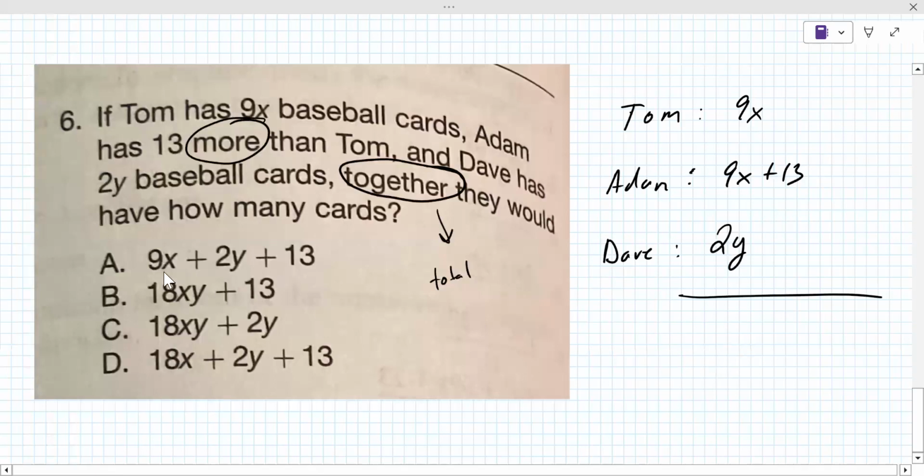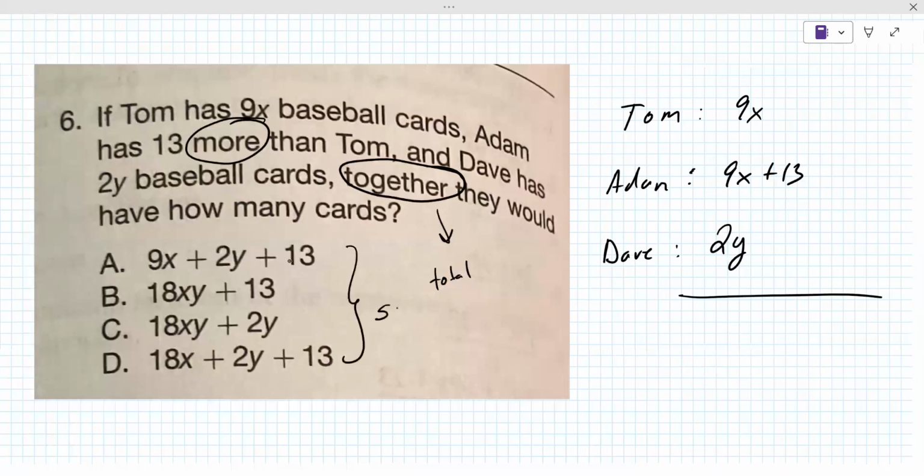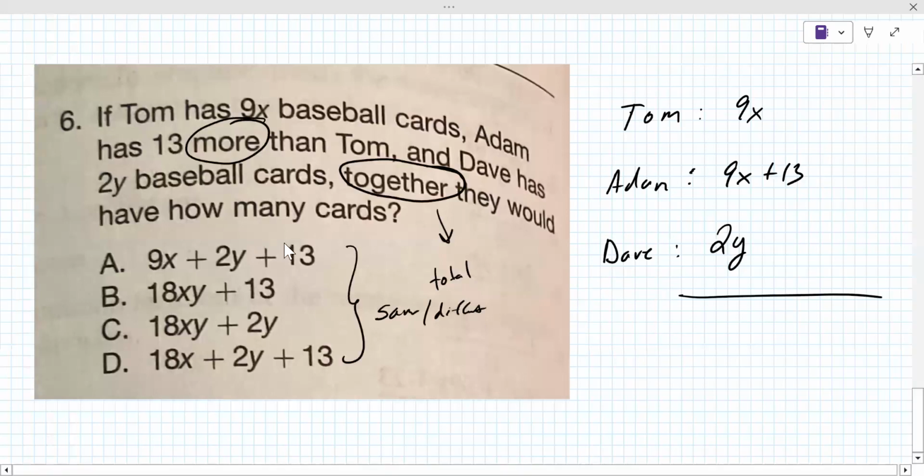Now, one of the things you might notice when you look at the answers, this is a great question for what is the same and what is different. Like, 3 of them have 2y in it, and 3 of them have 13 in it. So you might be able to eliminate some answers because of that.